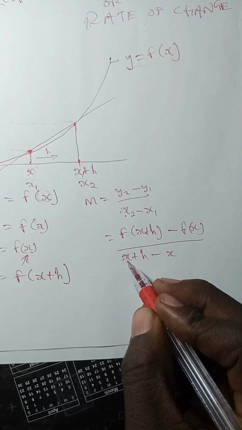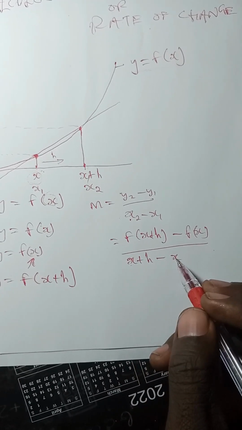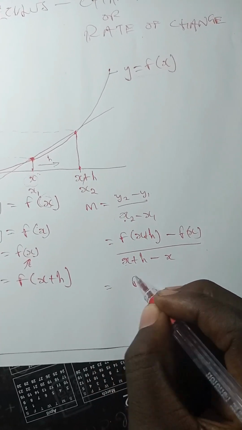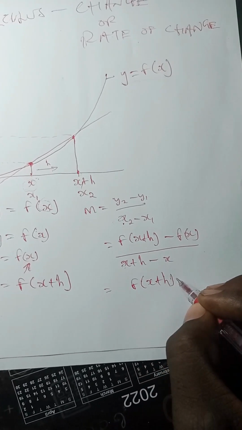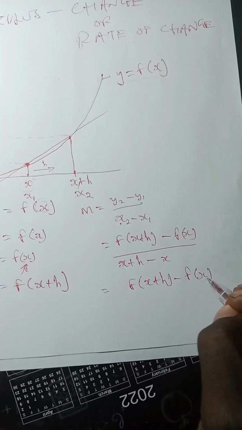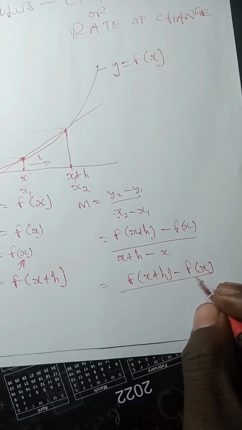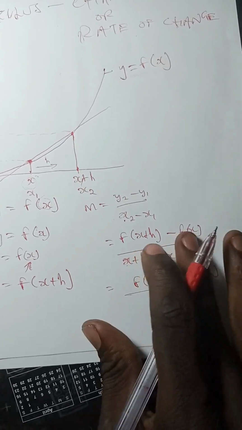Now realize that this one and that one is going to cancel, because when you collect like terms, x minus x is going to be 0. So you end up having f of x plus h minus f of x. Now this is what you arrive at.